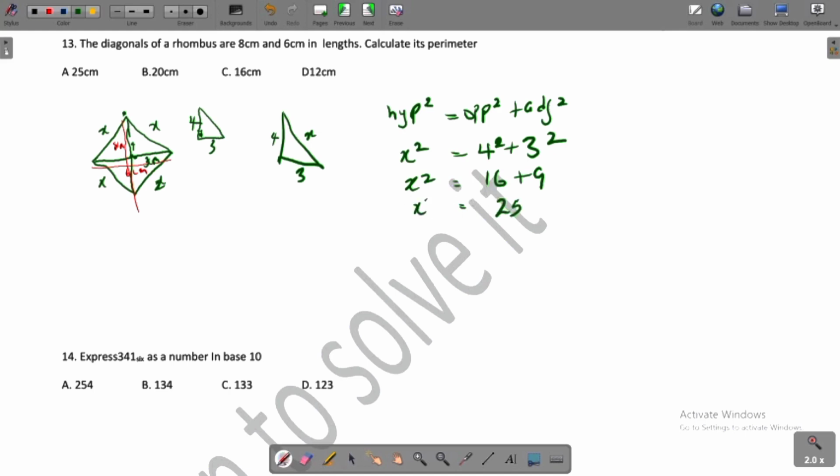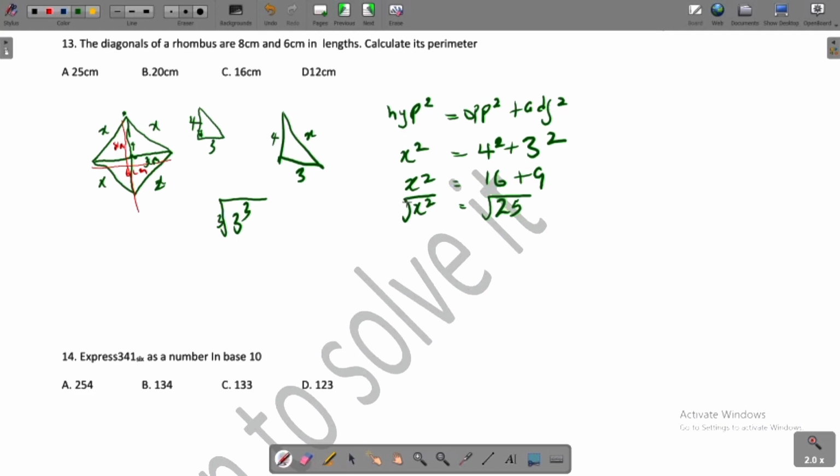So x square is 25. Now to get rid of this square, we do it by introducing this. Now this is a square root. If I have 3 raised to power 3 and I want to eliminate the power of this 3, I introduce a cube root. This is a cube root, put a 3 here. This is a square root.